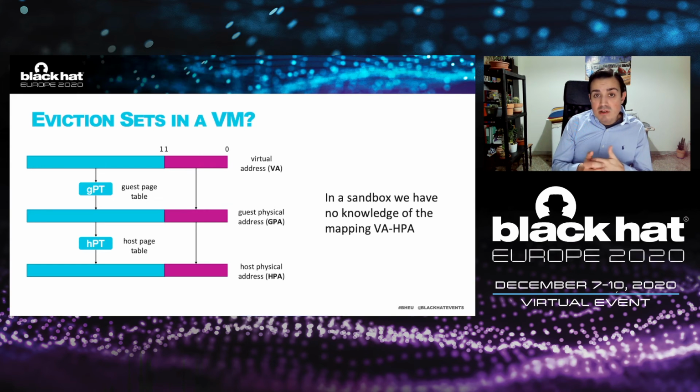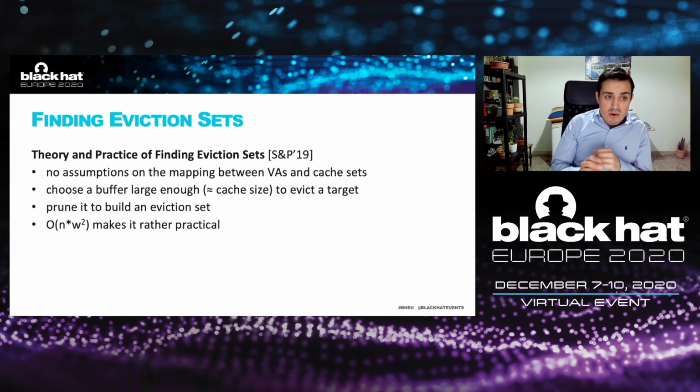And in a sandbox, you can make no assumptions on the mapping between virtual addresses and host physical addresses. So you need techniques that can build eviction sets without making assumptions on the mapping between virtual addresses and cache sets.